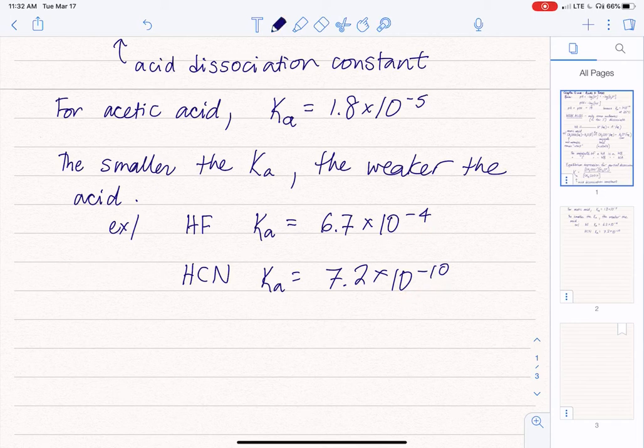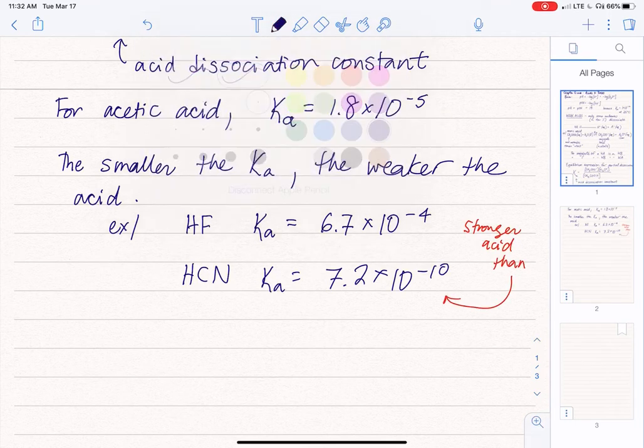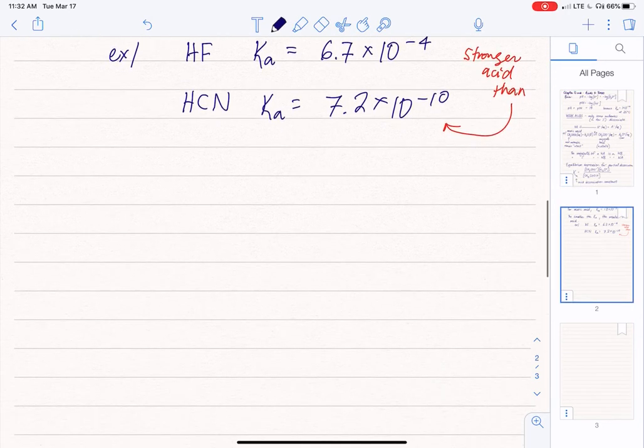So comparing those two, we can see that this is going to be the stronger of the two acids, if that makes sense to everybody. So the Ka values give us a useful gauge of how strong an acid is, or how much the equilibrium is going to be driven in the forward direction.